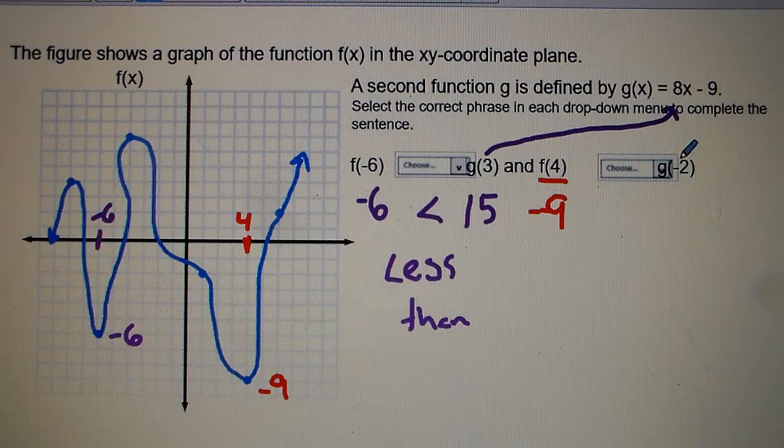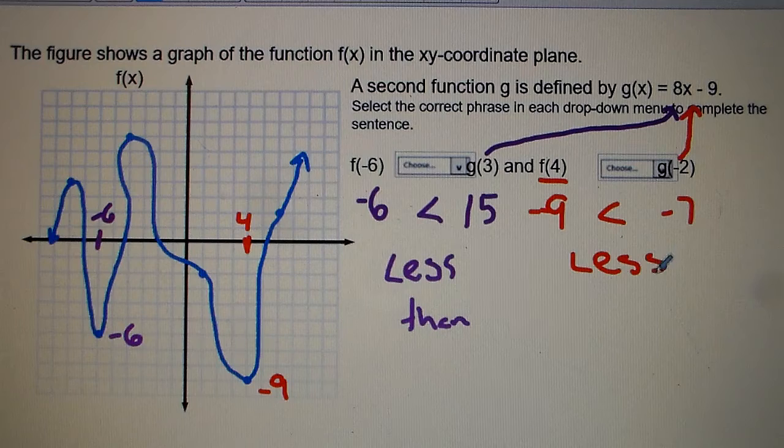G of negative 2, we put negative 2 in for x. 8 times negative 2 gets you negative 16. Negative 16 plus 9 gets you negative 7. Is negative 9 less than negative 7? Is it greater than, or is it equal to? Well, negative 9 is less than. So in this case, it's also going to be less than and less than.